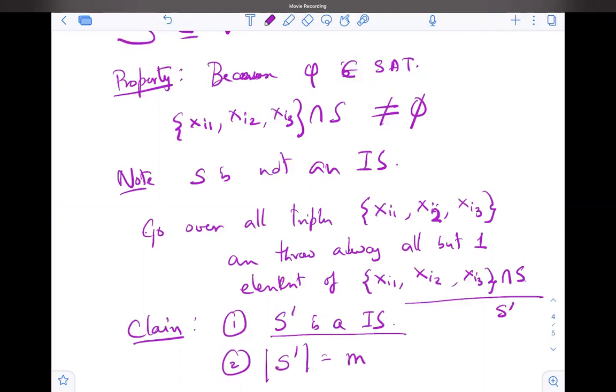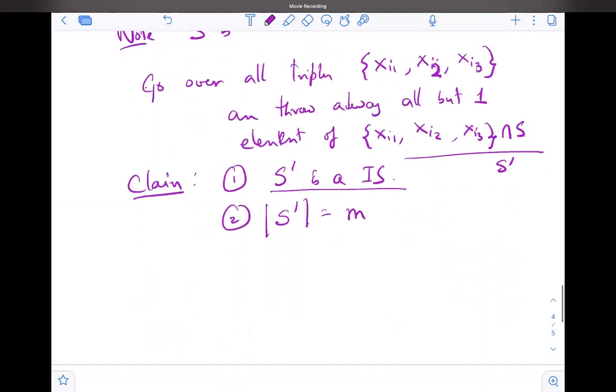Right. So the only option is that maybe I have this triple here, which is in my independent set, and maybe I have a triple here, which is also in my set. And can there be an edge between these two? The answer is no. If there is an edge between these two, this one corresponds to some AR, and the other must correspond to AR complement.